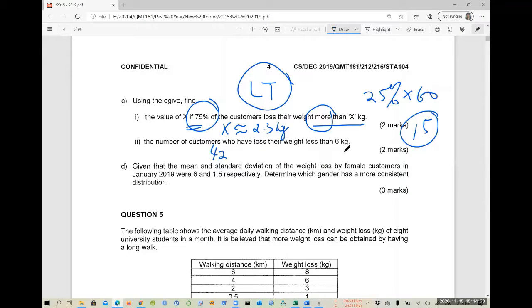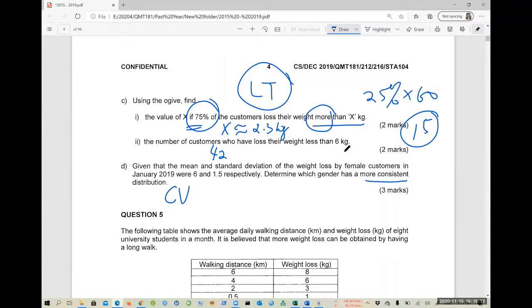Okay, lastly, the question asks you to make a comparison, and the question wants you to find which is more consistent. So that means in this case, when you want to make a comparison, you have to find the CV. So you want to find the CV for male and female.